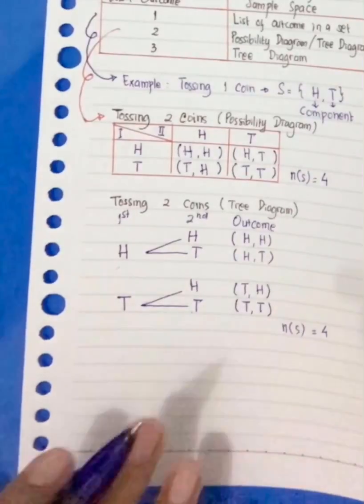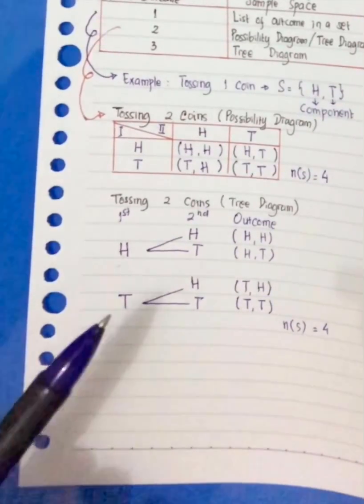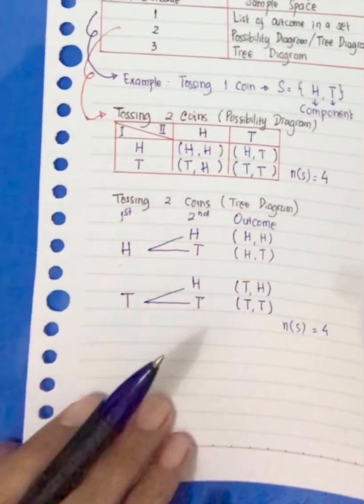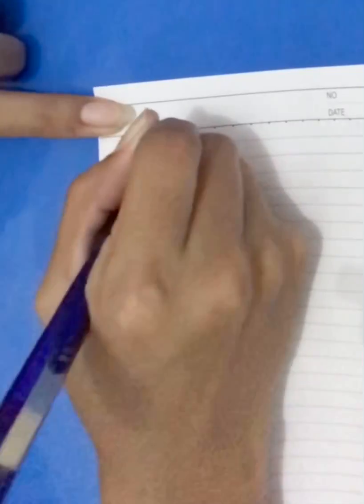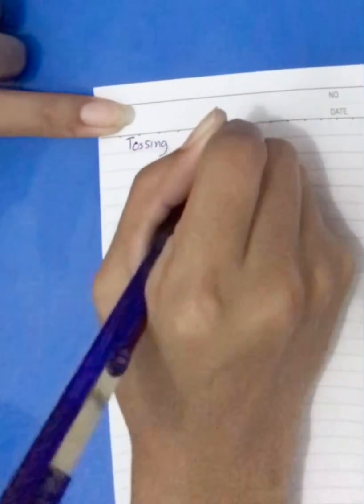Let's check how to write the sample space if our experiment is tossing 3 coins. Again, let's check what our experiment is. 3 coins, right? It means we have the first, the second, and the third coin.